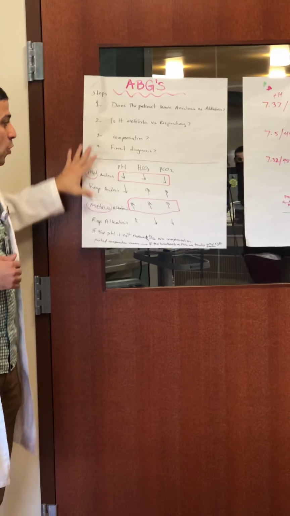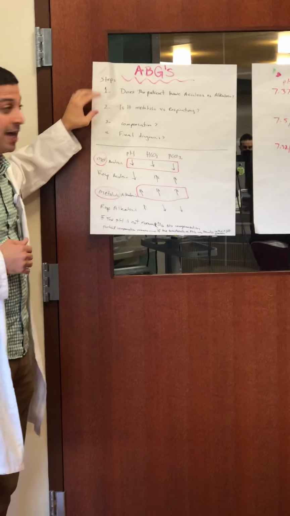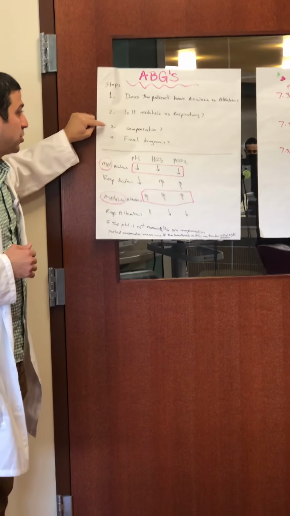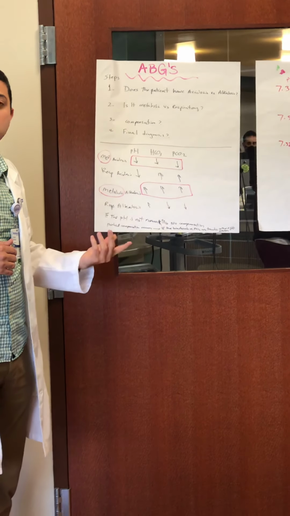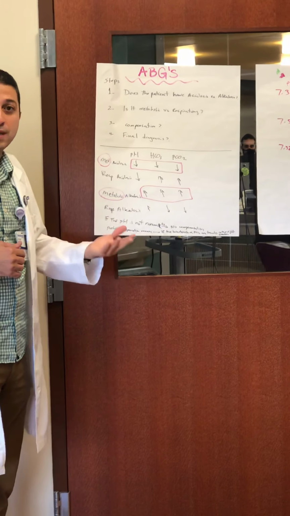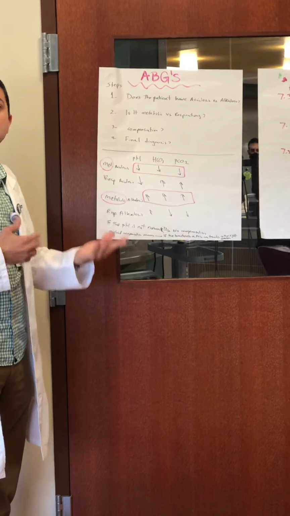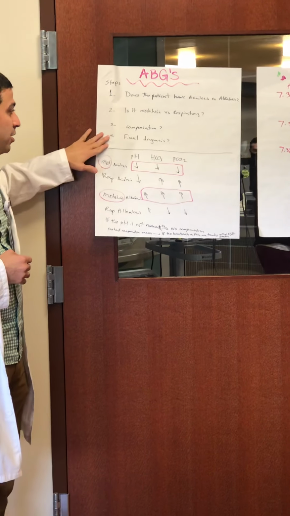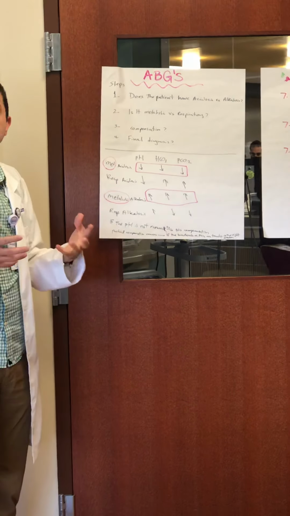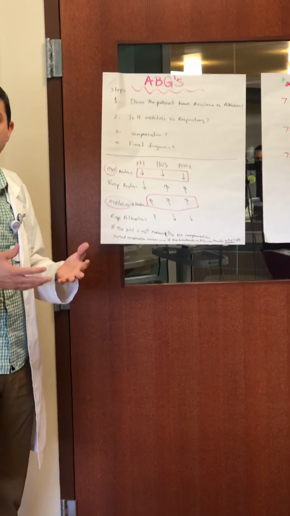And we're going to go over how to determine that. After you answer the first 2 questions, the third question is, do the patient's systems compensate for each other? Is the patient trying to compensate for the acid-base disorder? And then after that, you can come up with a nice final diagnosis.